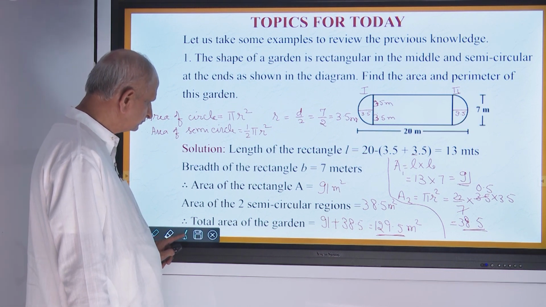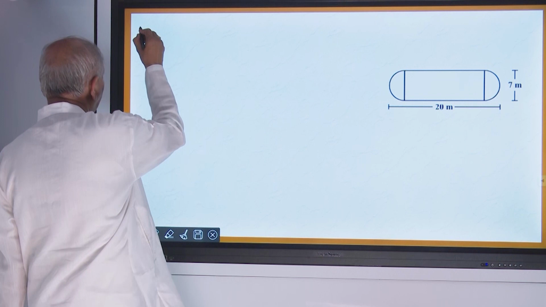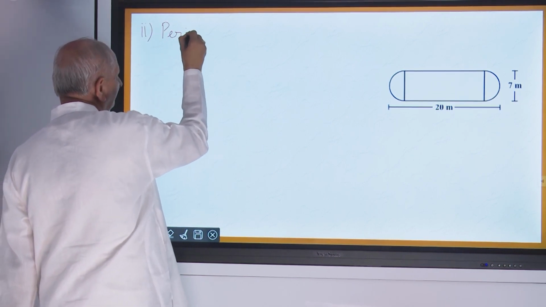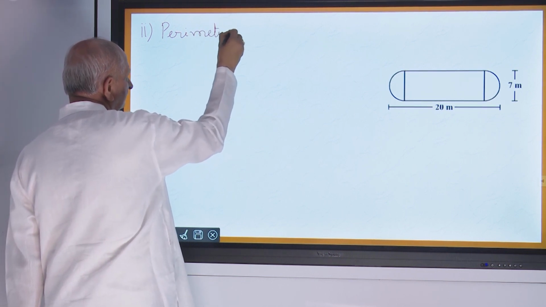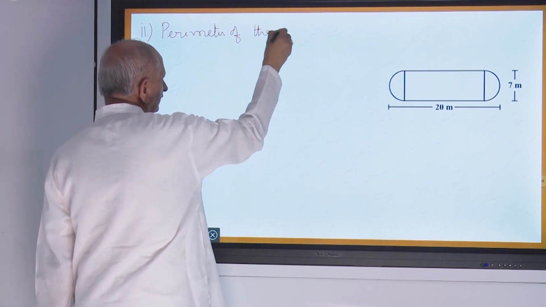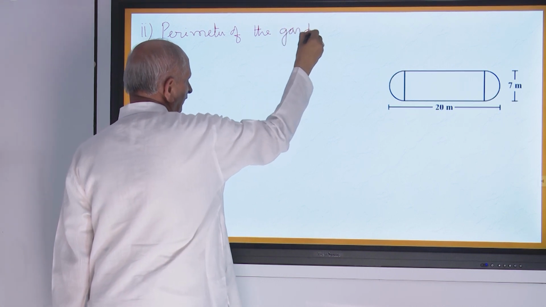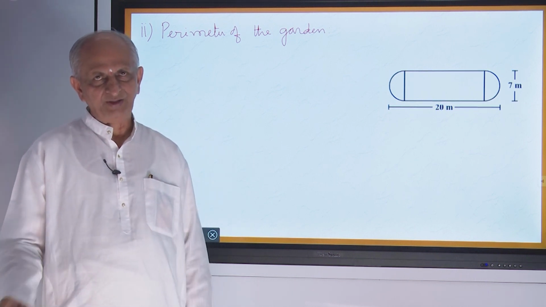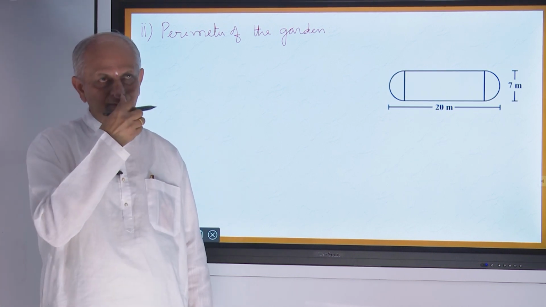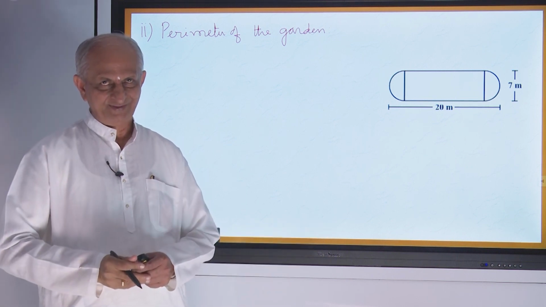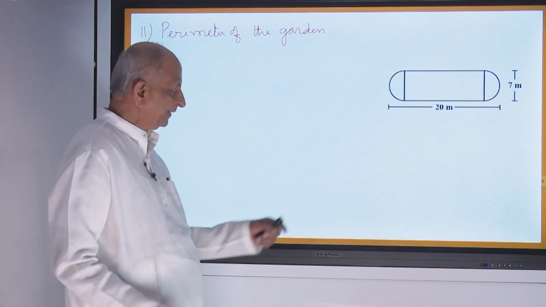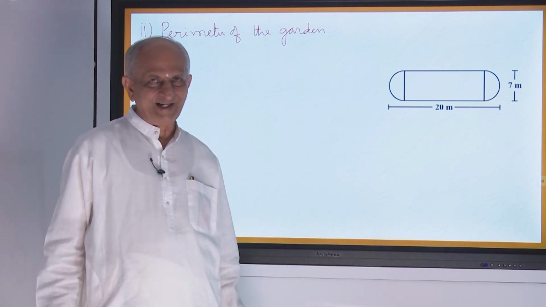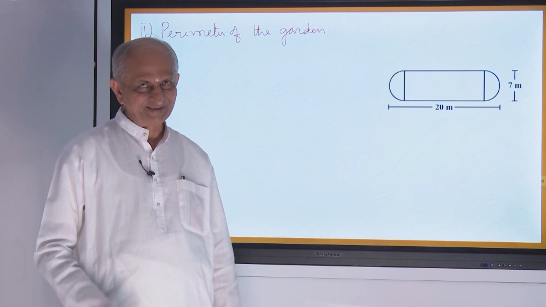Second part. Now we have to find out, second part of the question is perimeter of the garden. That is what you have to find out. After finding area, as we have started the discussion, in cities they have got parks, and in all the parks there will be hundreds of people in the early morning going round, and there will be a path, correct?